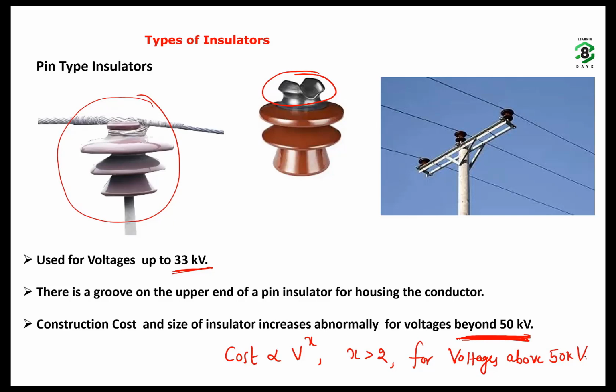So that's why pin insulators are restricted up to 33 kV only. Here you can see how the pin insulators are connected in a line. This line can be a 33 kV feeder or an 11 kV feeder.